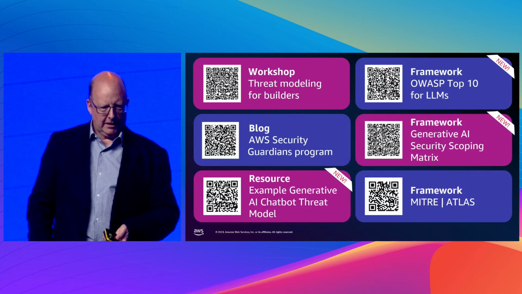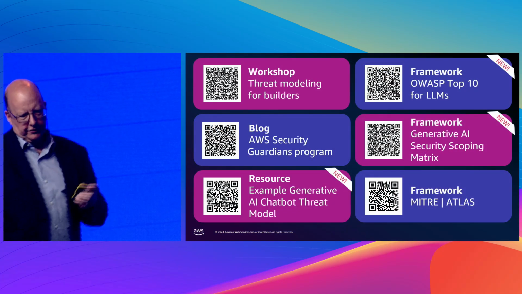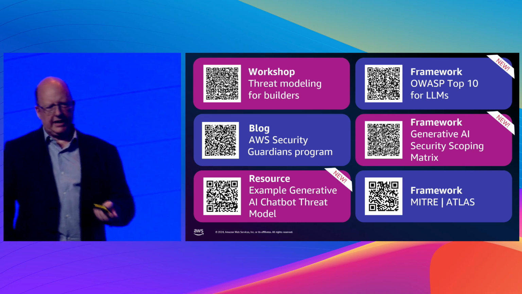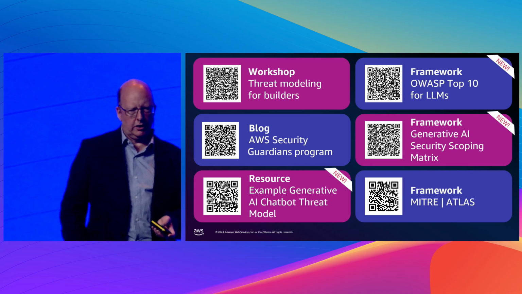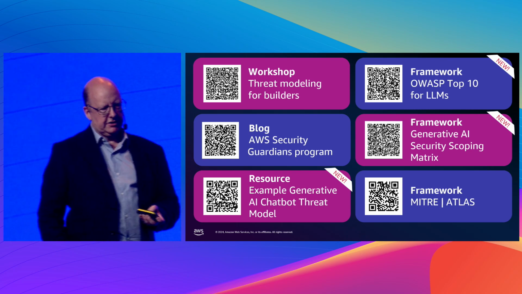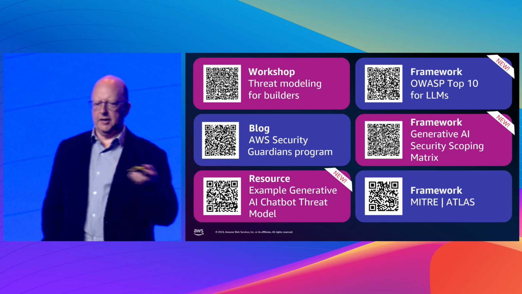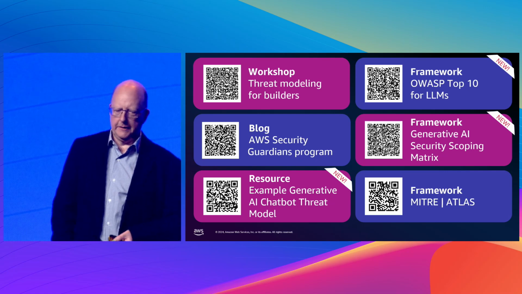So these are links to some really important resources that we would recommend you try to dive deep on for your generative AI threat modeling on your applications. So things like the workshop we have for threat modeling for builders, our AWS Security Guardians program that I spoke about.